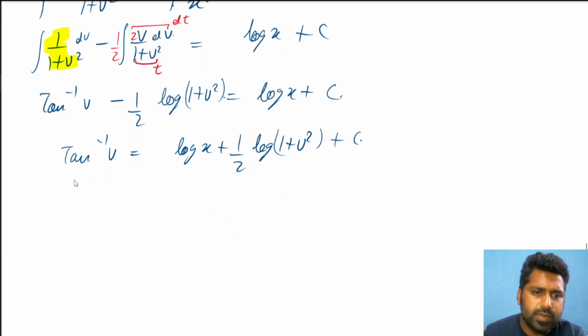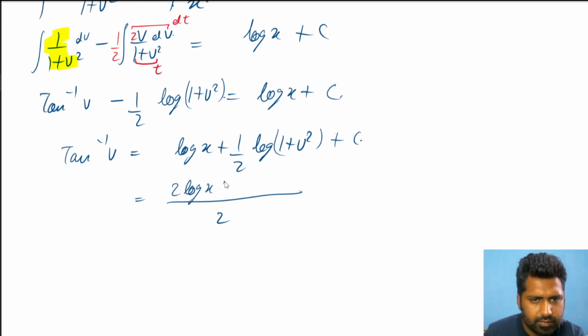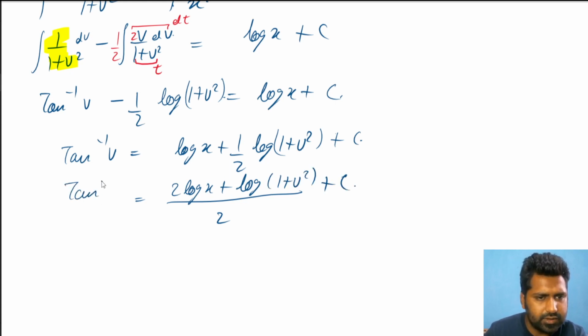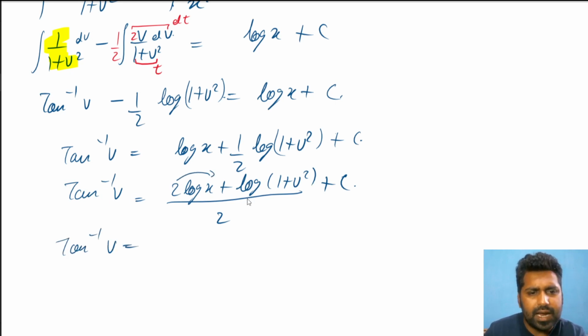Now max to max, what you can do is take the LCM of these two terms, because we have to combine, so we need them in a single log. So 2 log x plus log 1 plus v square plus c. This is tan inverse v right now. That's tan inverse v is equal to, take this in the power, and then you can add these two logs.